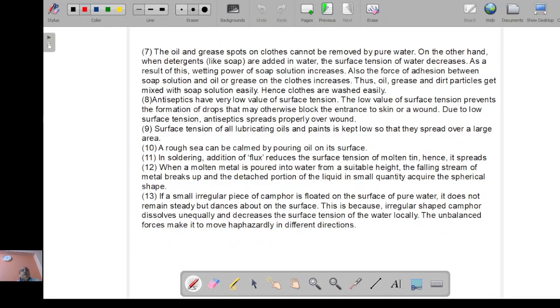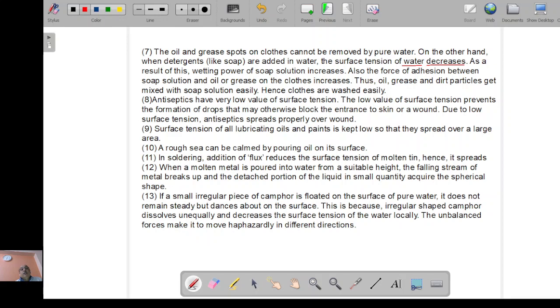The other example: oil and grease spots on cloth cannot be removed by pure water, but we use a detergent like soap. When we add it to water, the surface tension of water decreases so much that the surface tension of oil is more than water.